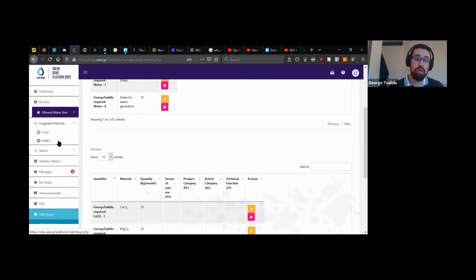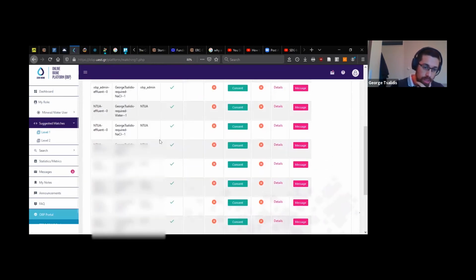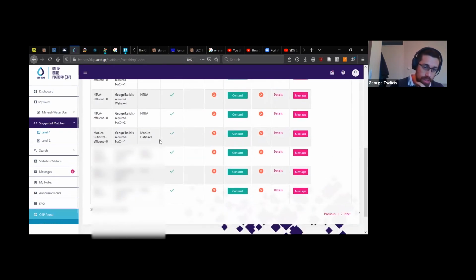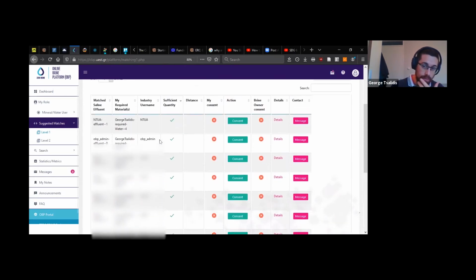Level 2 adds another aspect, the quality of the material, based on qualitative characteristics like pH, purity, etc. that I have inserted. So let's see for level 1 if there are any producers, brine owners. We can see that there are several brine owners, and there is sufficient quantity in all of them.